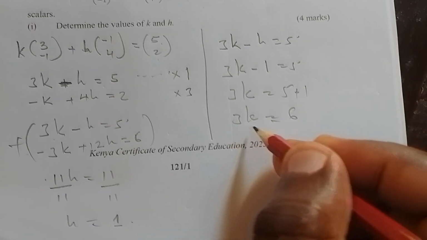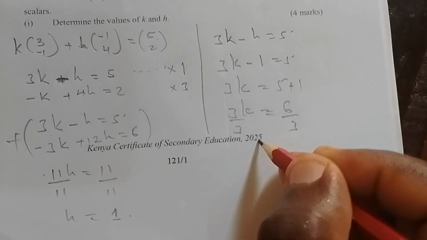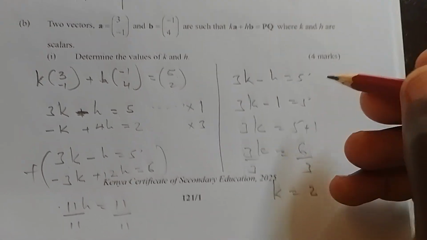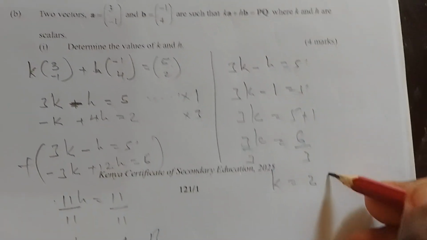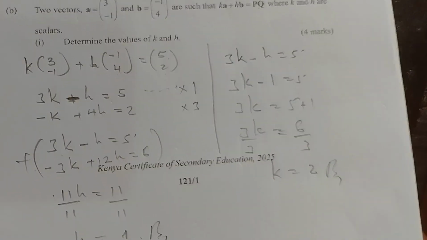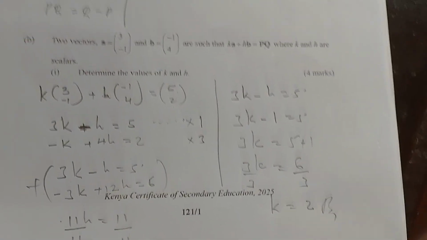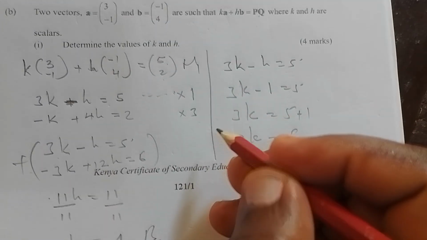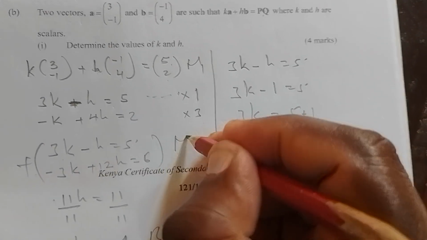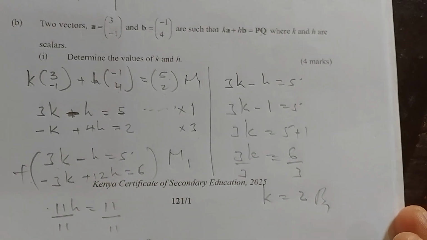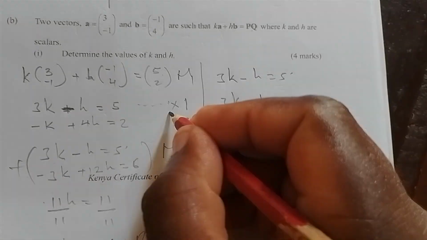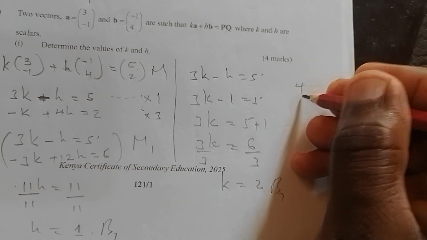Divided by 3, therefore the value of K is 2. So here we have B1, and there are two values, then here we get our M1, and also another M1. If we do this, we shall have scored all the 4 marks for this particular question.